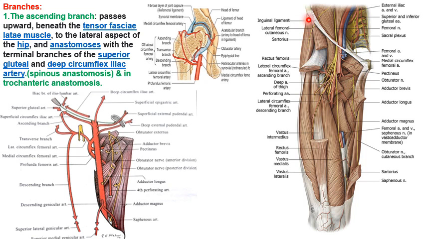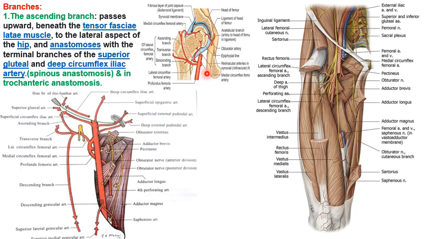For it to go till here, it has to pass beneath the sartorius, beneath the rectus femoris, and beneath the tensor fascia lata muscle, to the lateral aspect of the hip, and anastomose with the terminal branches of the superior gluteal artery, the deep circumflex iliac artery, and the superficial circumflex iliac artery, to form the spinous anastomosis. It also contributes to the trochanteric anastomosis within the trochanteric fossa as well.